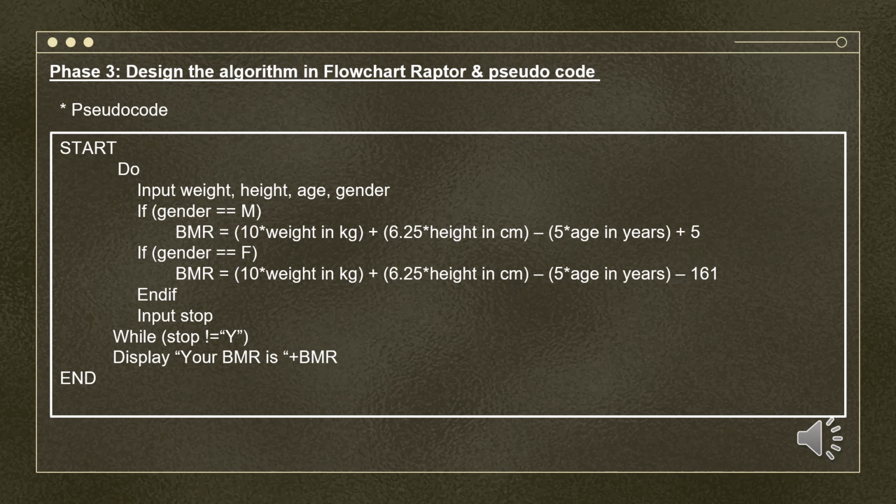If gender equals M, which is male, the BMR equals 10 multiplied by weight in kg plus 6.25 multiplied by height in cm minus 5 multiplied by age in years plus 5. But if gender equals F, which is female, the BMR equals 10 multiplied by weight in kg plus 6.25 multiplied by height in cm minus 5 multiplied by age in years minus 161. And then we put in an if, and then for the input is stop.